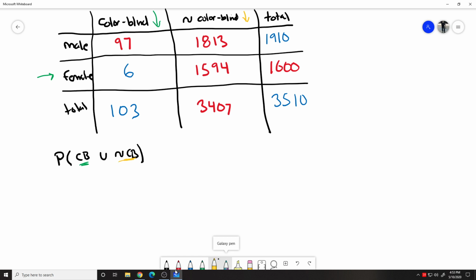Not colorblind is also a column that goes downwards. So we have two columns. Now, if we use the word or and we have two columns or two rows, are these mutually exclusive? You have to ask yourself, can a person be colorblind and not colorblind at the same time?